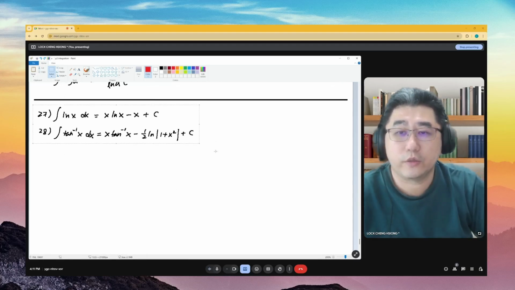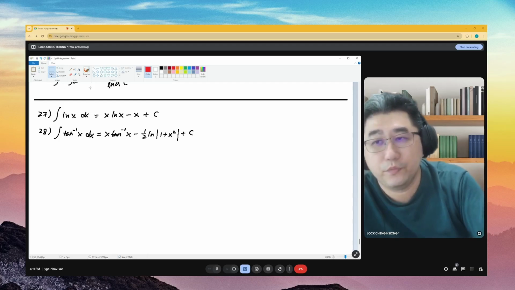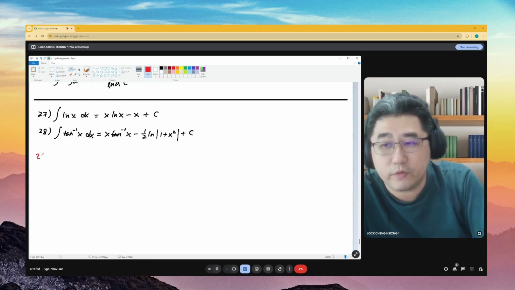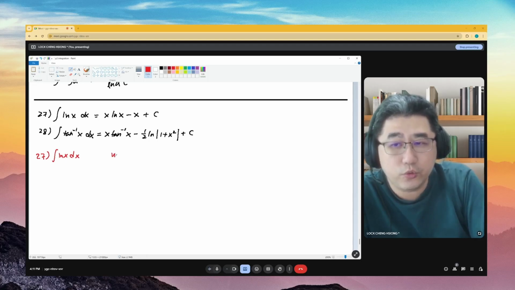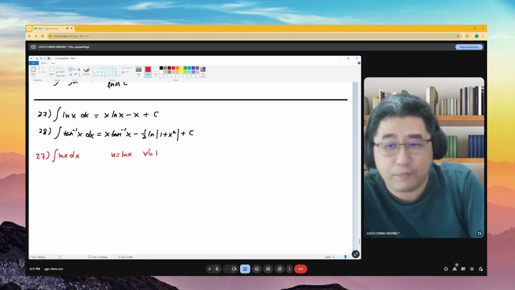Let's look at 27. Integrate of ln x is actually by parts. We will use u equals ln x, v prime equals 1. Then u prime equals 1 over x, v equals x.